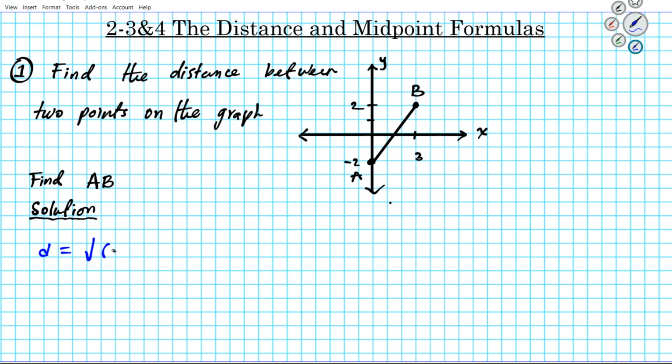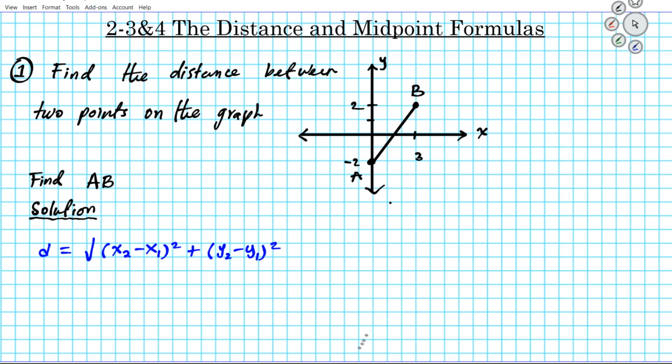Let's do the run first: x2 minus x1 squared. You might remember this from the rise over run formula. This is your run along the x-axis, so you have that squared, plus the rise, y2 minus y1 squared. So that basically is your distance formula.